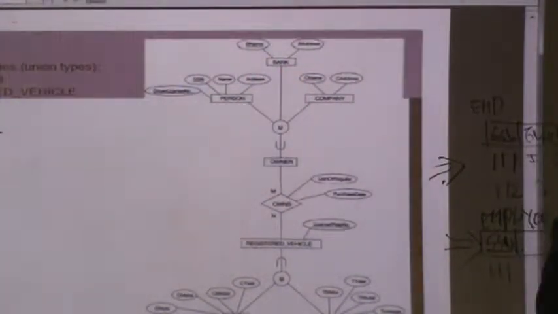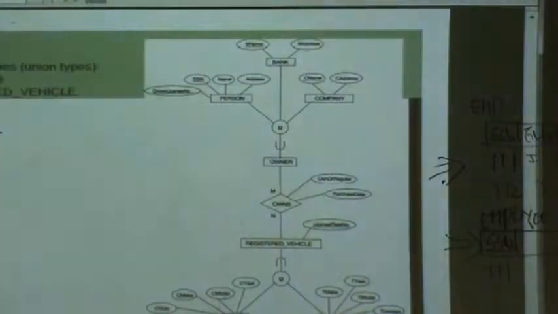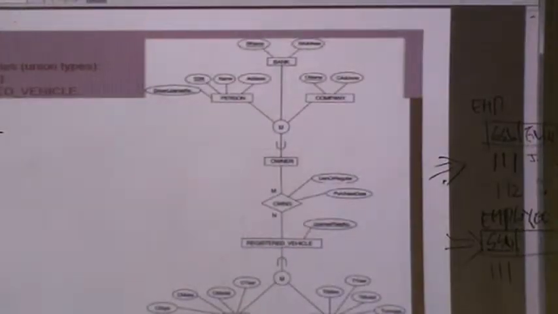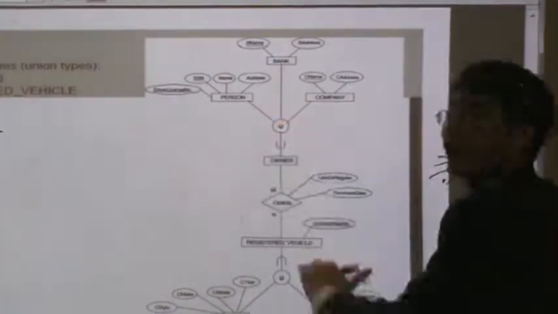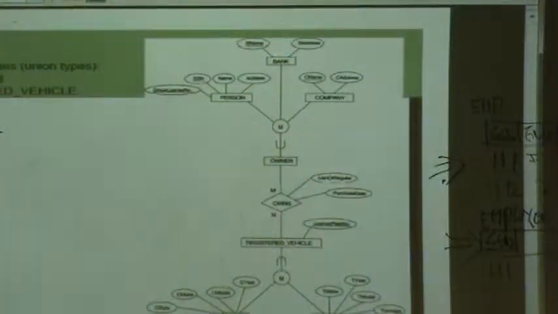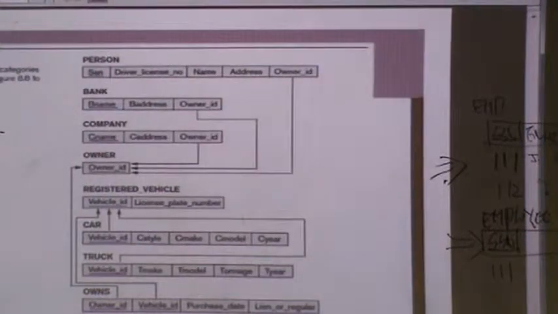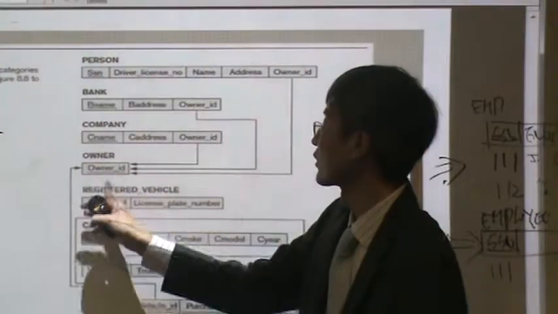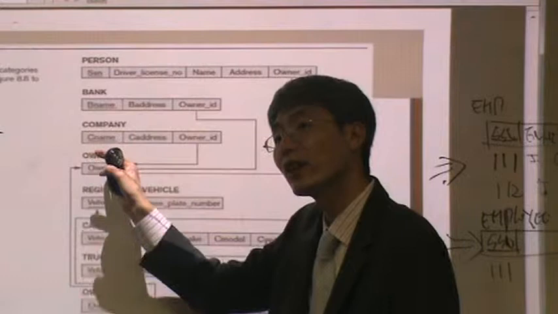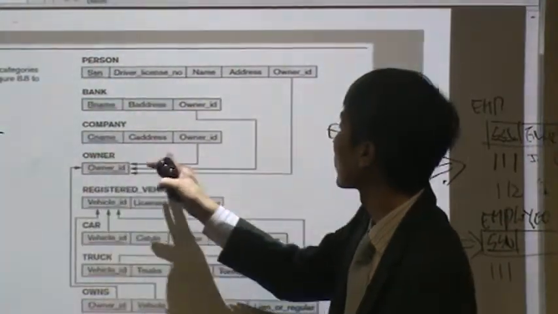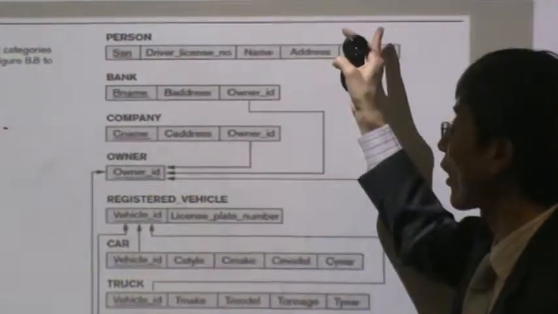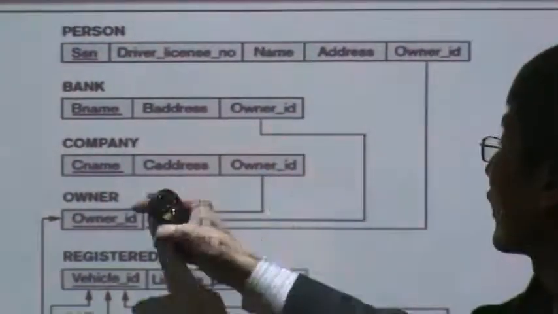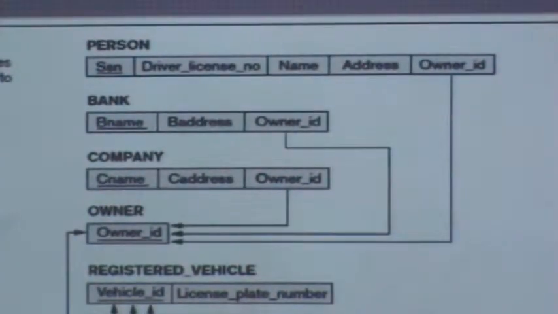So at that time, to make the relationship, we will create an additional primary key. That is called the surrogate key, like the owner ID. Okay? So we are going to create an additional primary key. We will add this owner ID as a foreign key. That is called the surrogate key.